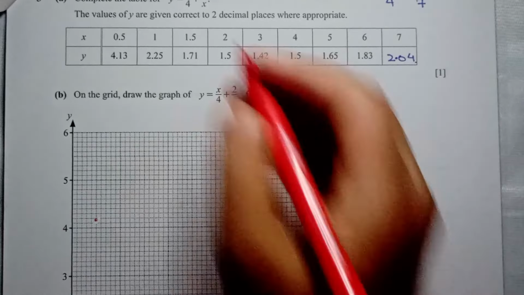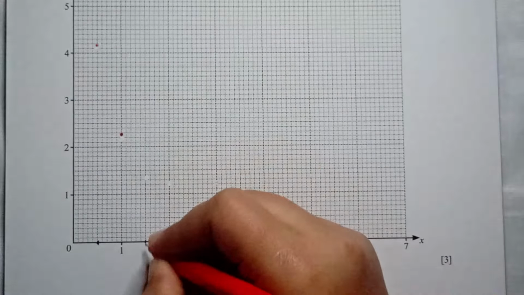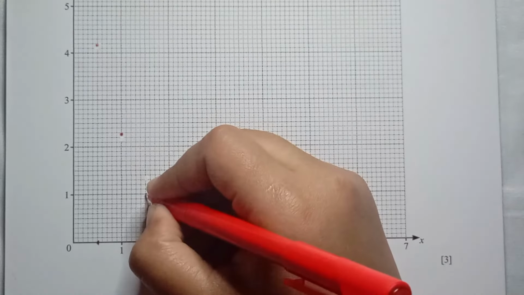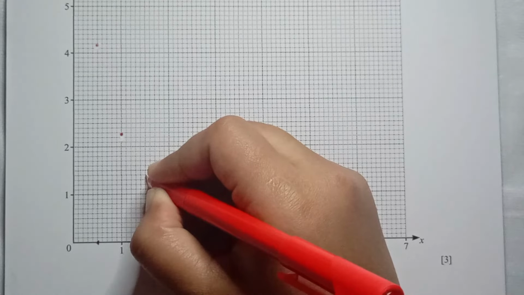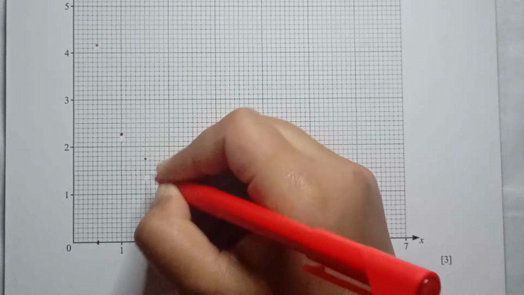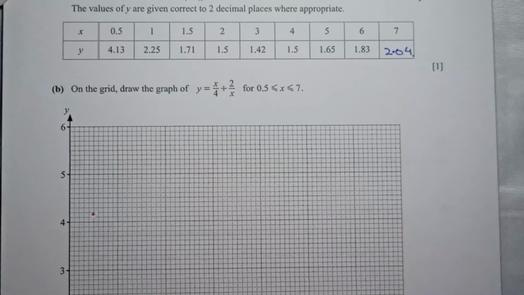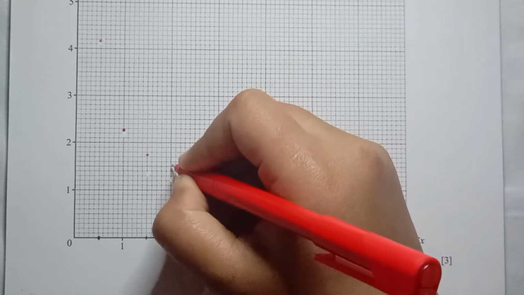The third point, when x is 1.5, the y is 1.71. So x is 1.5 over here and 1.71 is in the middle of 1.7 and 1.8. When x is 2, the y is 1.5.